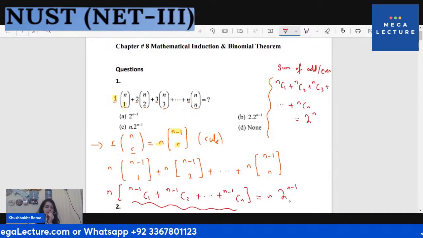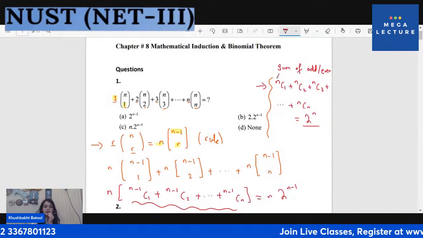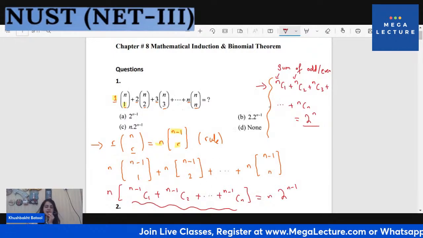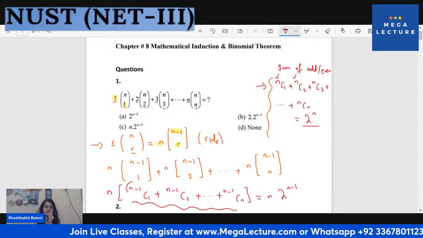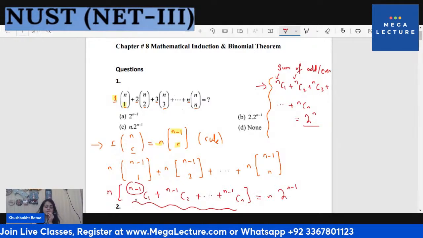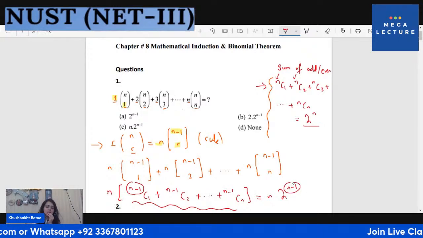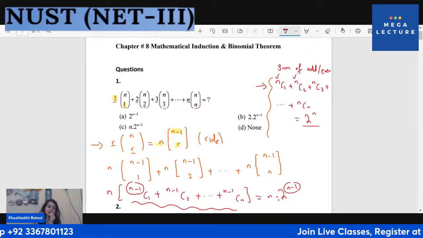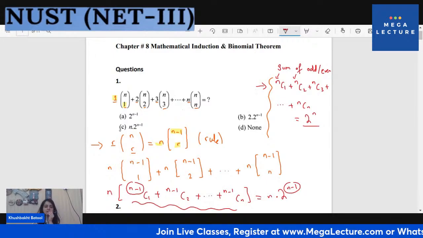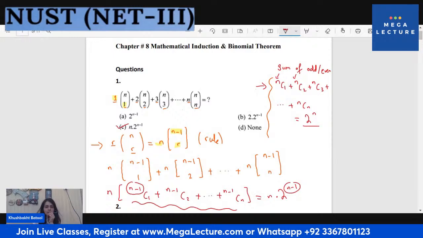I can certainly write it this way, because this underlying thing is exactly like the earlier one. The only difference is that here I have n minus 1, so the power would become n minus 1. So this is going to give me n multiplied by 2 to the power n minus 1. So the answer is going to be C in this case.